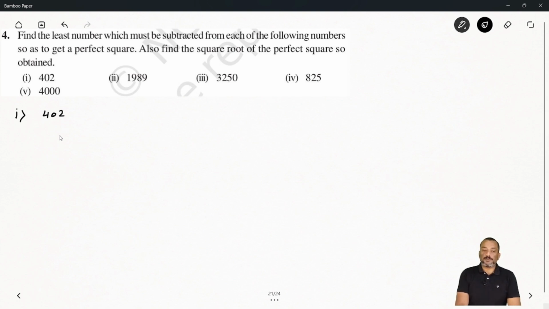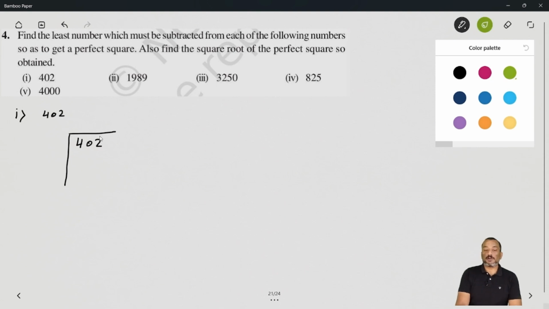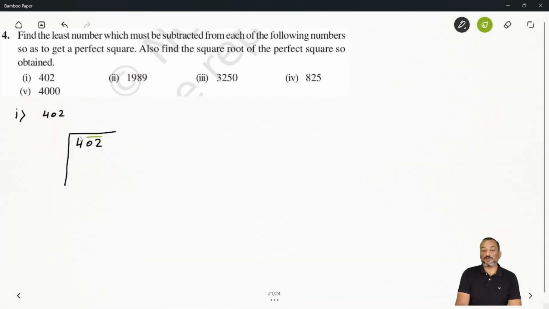So we take the long division method. Here you can see we write 402 and again write pairs from right to left. Always pairs of 2 numbers, and if 1 number is left you go with 1 number. So first is 4. Before 4, which number is a perfect square? 2. So 2 is coming, so we write 2 here.